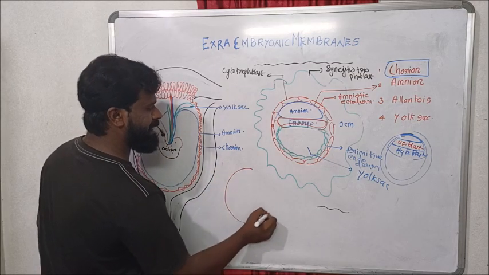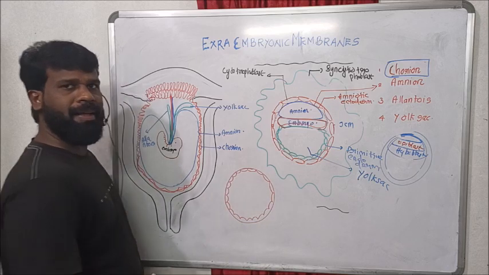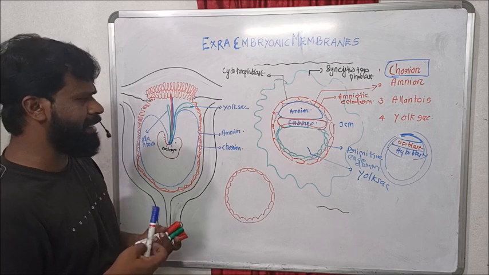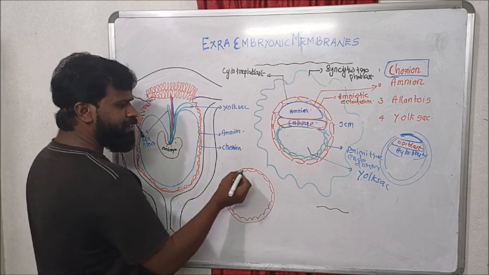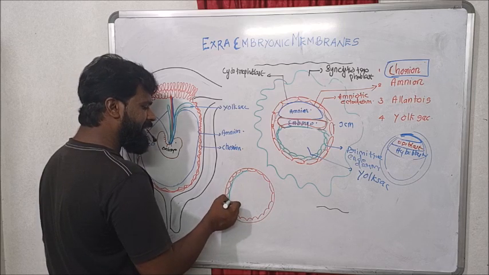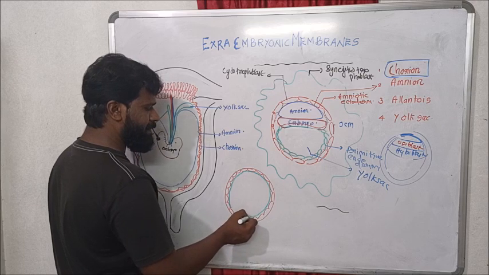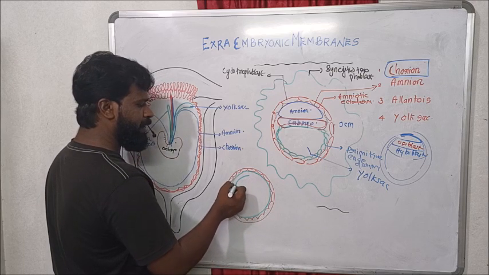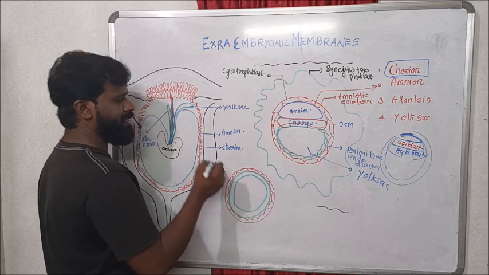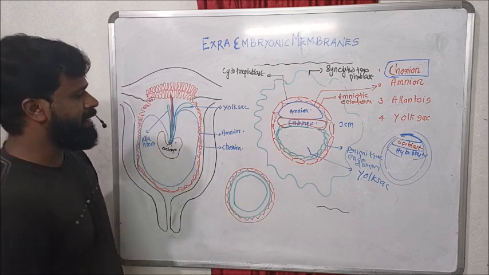Suppose this is the cytotrophoblast. In this stage, a new cellular layer forms inside the cytotrophoblast.